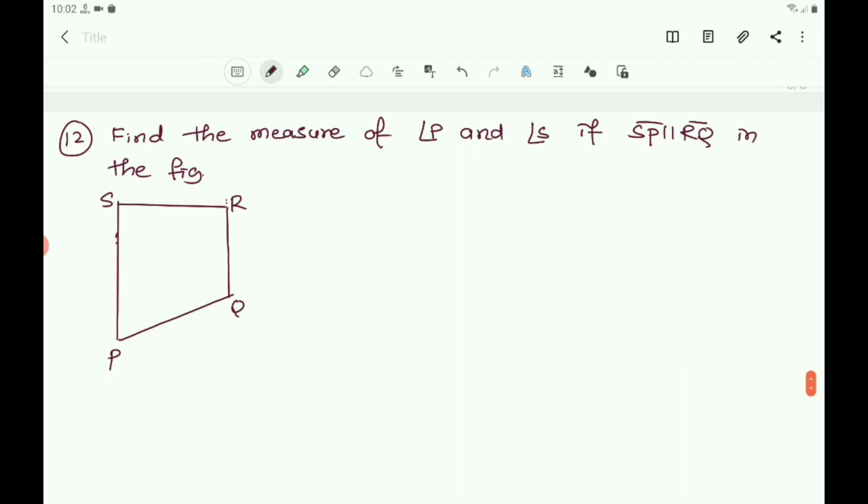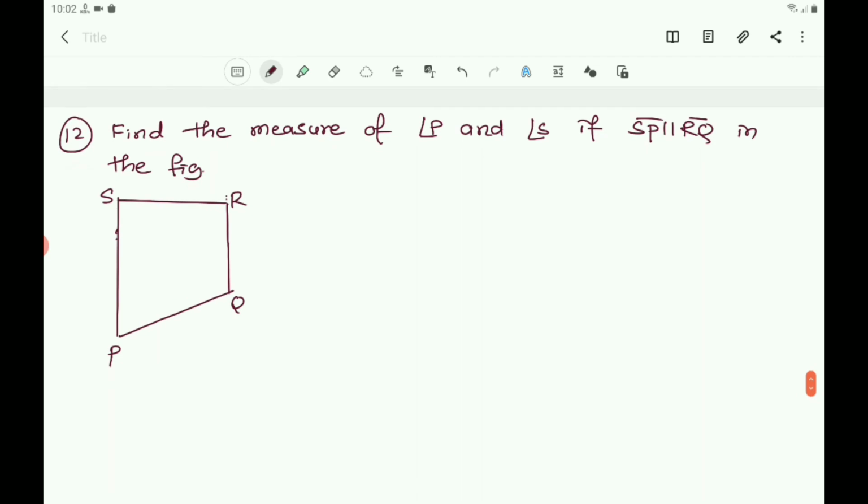Now let us take the 12th question. Find the measure of angle P and angle S here. And it is given that angle Q is 130 degrees. Here SP is parallel to RQ.